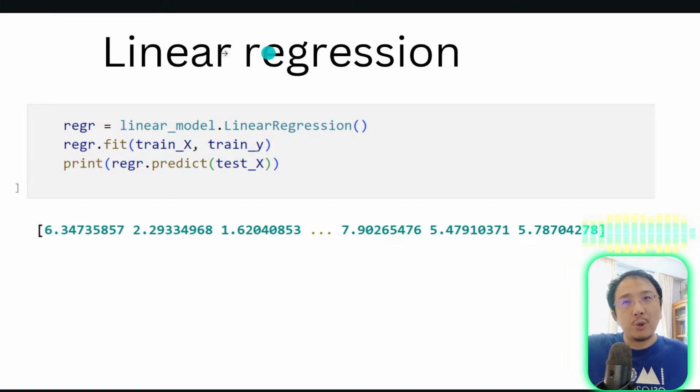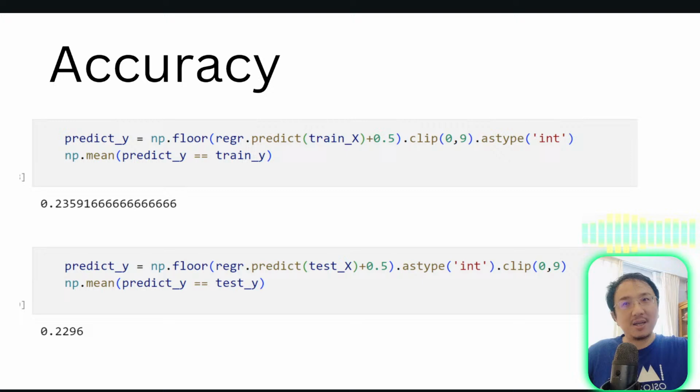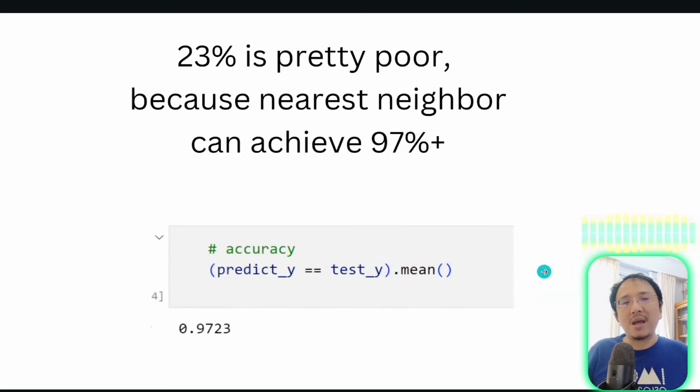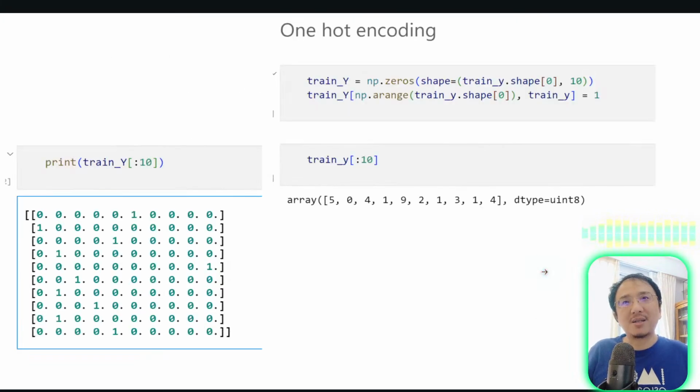But in the regression case, 6.34 is much better than like 1.5 or 100. This is not. So we have to do some modification on the target space to better reflect the correctness. So one way to do that is the one-hot encoding.